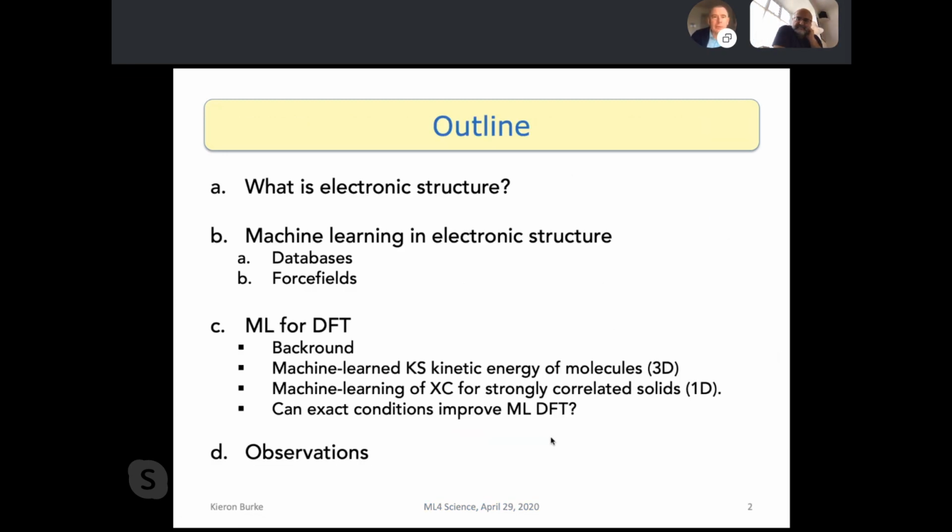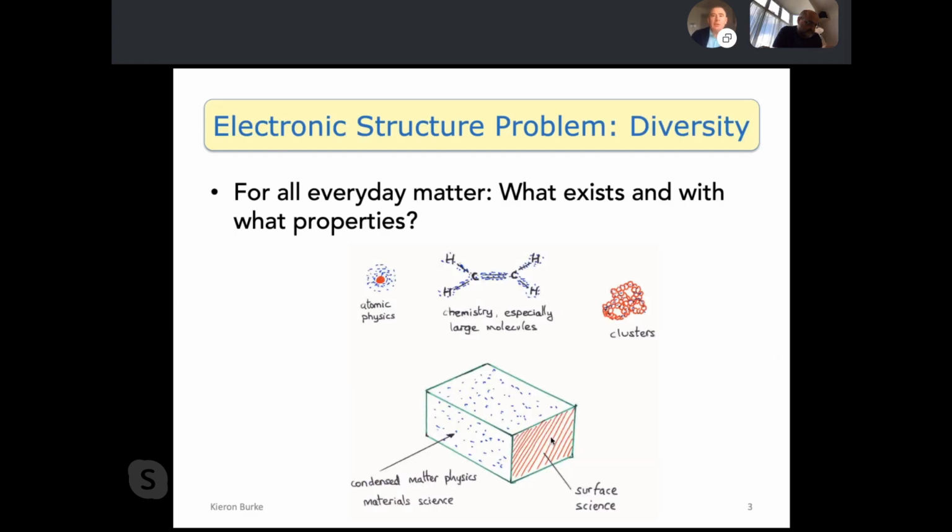Okay, so first, a very, very quick review of electronic structure from my point of view, let's say. So this is the first slide I ever made when I started doing DFT about 25 or 30 years ago. And we used to hand draw these slides, and what they all have in common is it's a bunch of nuclei held together by electrons, and the electrons are all identical.